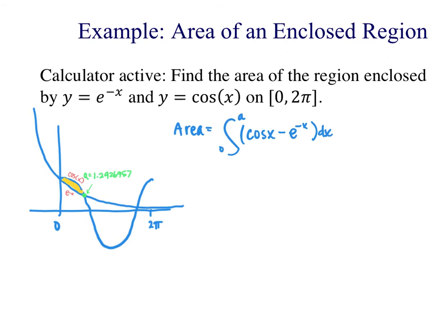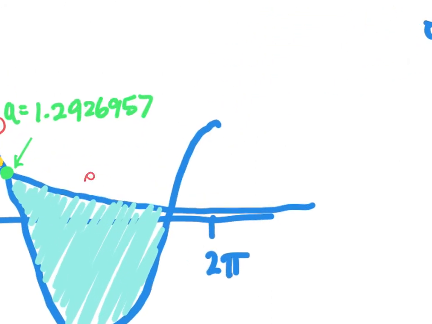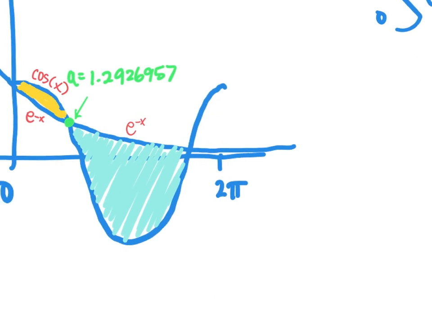Now my second interval. We'll have this area here, and this time it's quite a large area, but the upper curve is now e to the negative x, excuse me, while the lower curve is the cosine of x.